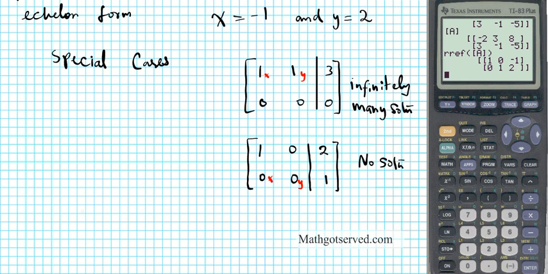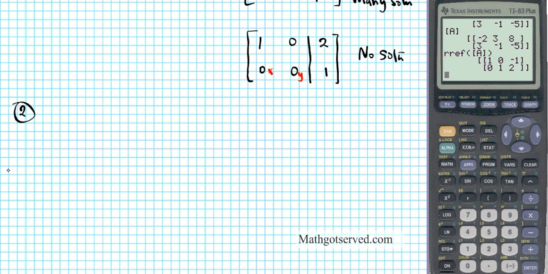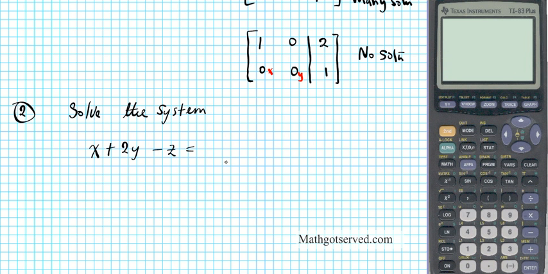I'm going to step this up a little bit because this works for any square matrix. I mean, any system of equations. So let's step it up to a 3 by 3. What if I was asked to solve the system: x plus 2y minus z equals 2.